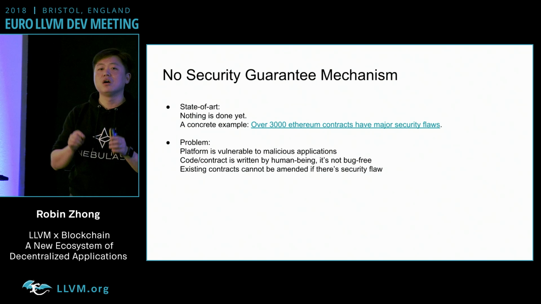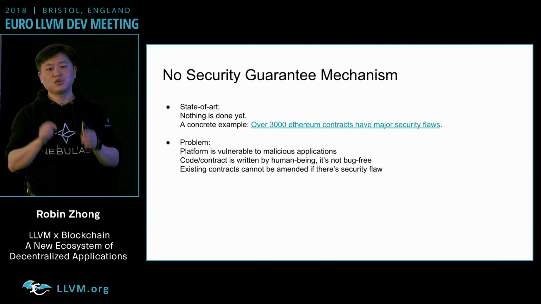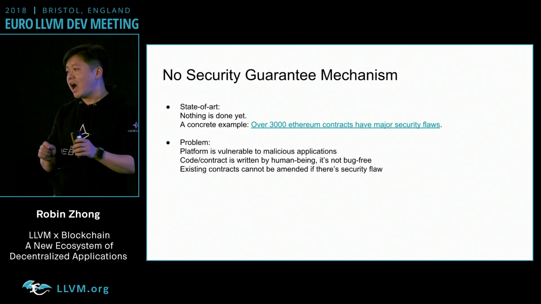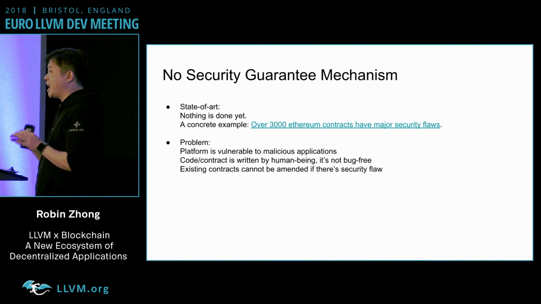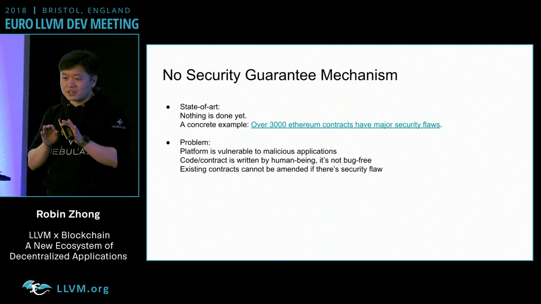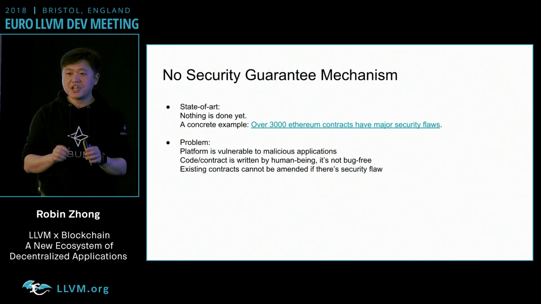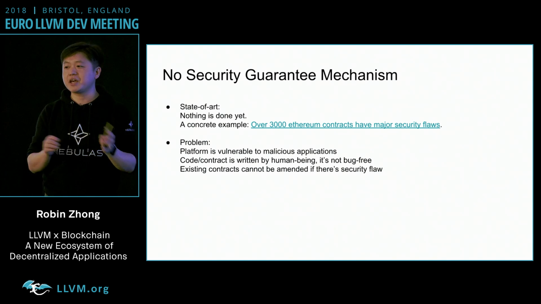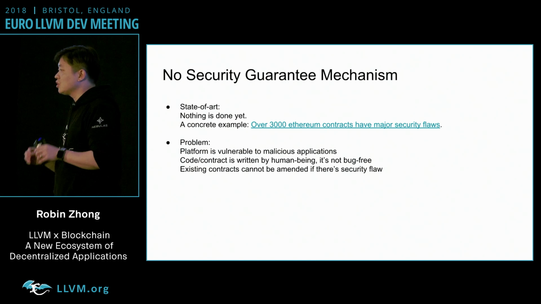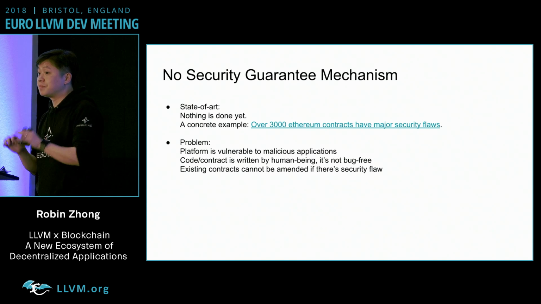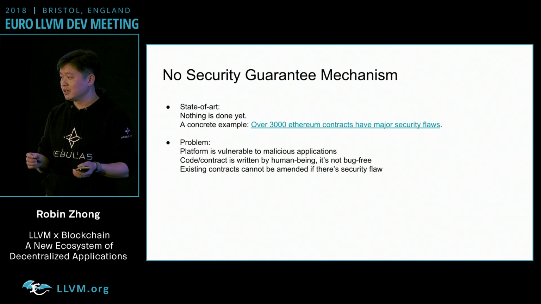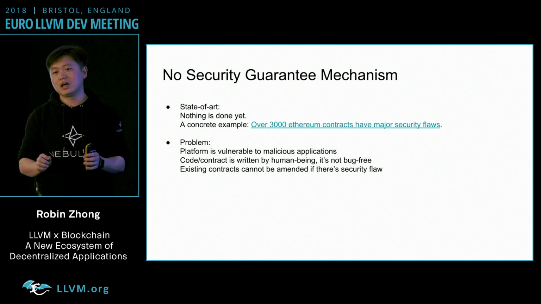So if you write buggy code, if your code is wrong, you have to face it. You have to accept the result. So they didn't accept the fork solution. They kept all those original results. So that's Ethereum Classic. So the community is split. So which one is good? I have no idea.